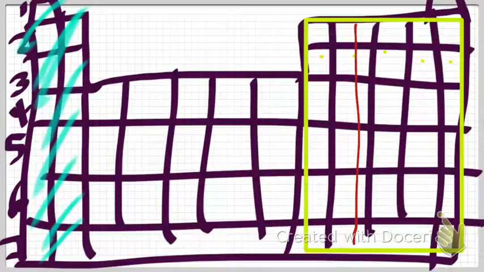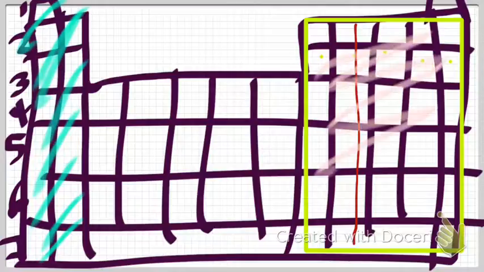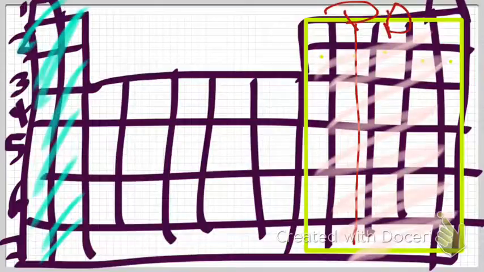I'm going to change this color right here. Okay, this right here is the p block. So if this guy lives in any of these apartments over here, he lives in a p orbital.